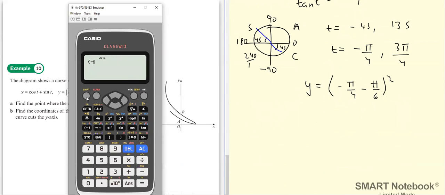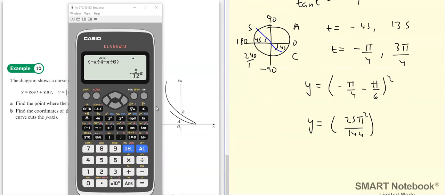Minus pi over 4 minus pi over 6, so we get minus 5 pi over 12. So if I square that, we get 25 pi squared over 144 as one y value.